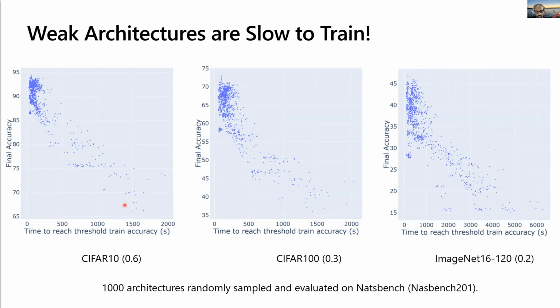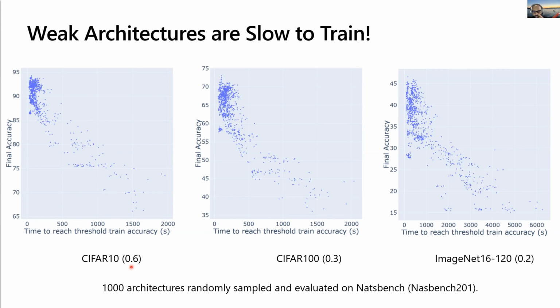The x-axis is the wall clock time to reach threshold accuracy, whereas the y-axis is the final accuracy, the final test score. Since this is part of the benchmark, we can just look them up from the table. You can see that architectures which are weak, which don't go on to have good final performance, invariably take much longer to train in order to achieve this threshold accuracy of, let's say, 60%.